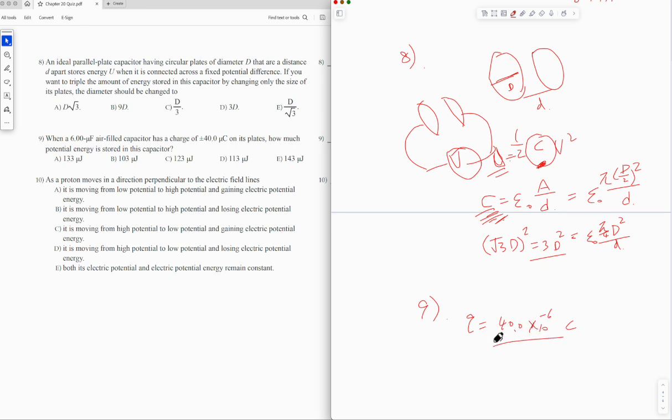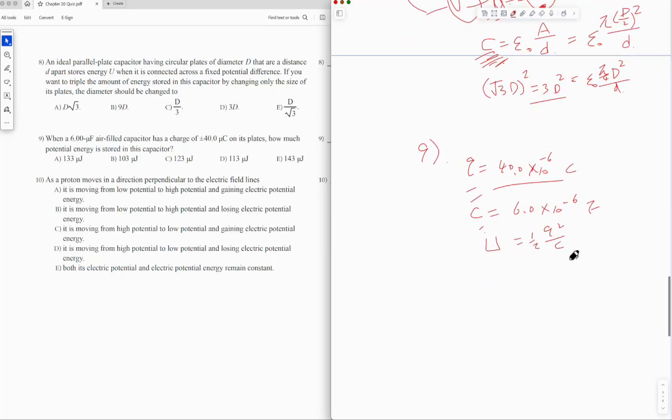How much potential energy is stored in this capacitor? We know the capacitance is 6.0 times 10 to the negative 6 farad. The energy is 1/2 Q squared over C. Just plug in and you get it.